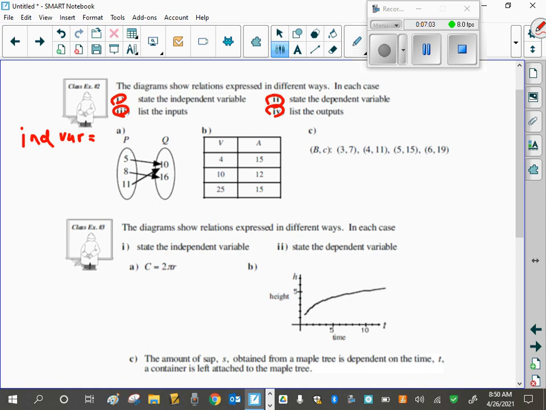Nope, we tried. Is independent X or Y? What does it say? Independent X or Y? It's your X. And these are going to be written as XY, XY, XY. They're always in alphabetical order. So independent variable is X, so it is P marks the spot. Which means the dependent variable is my nickname.